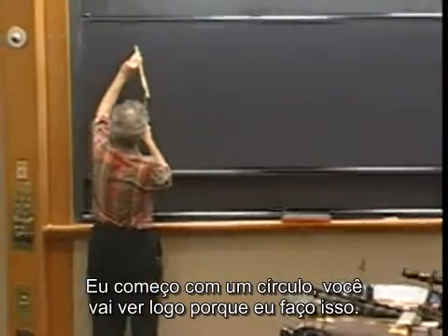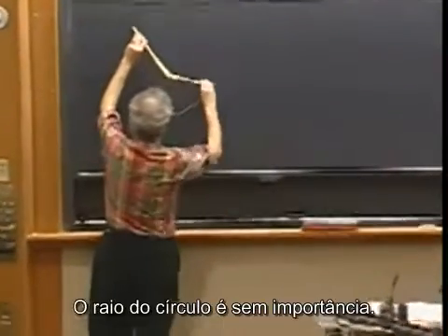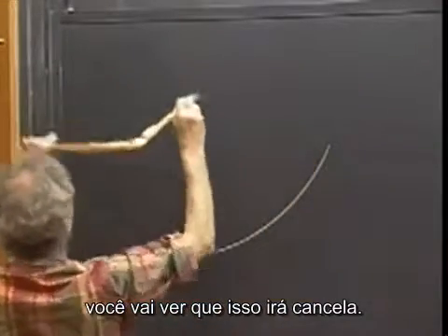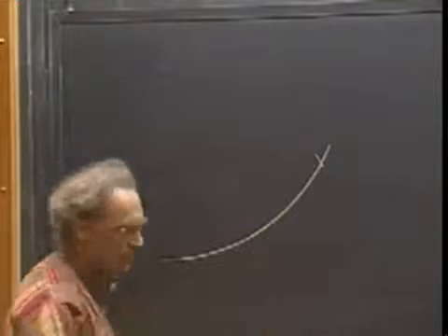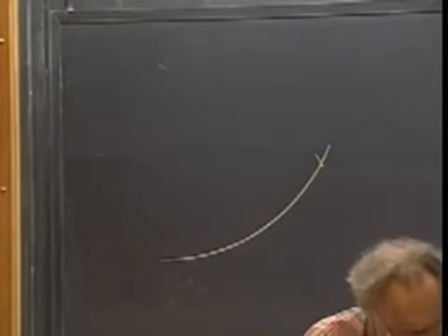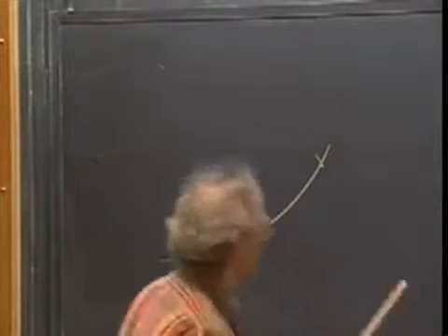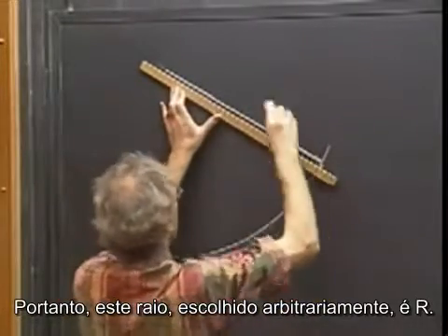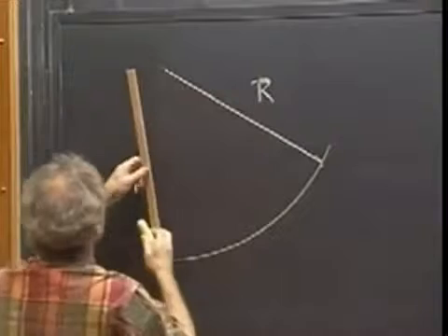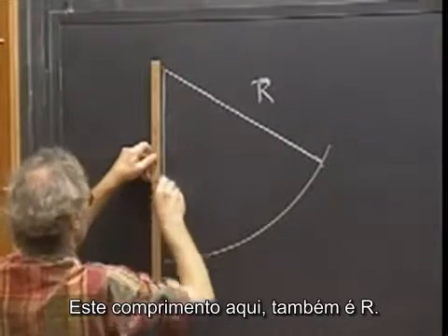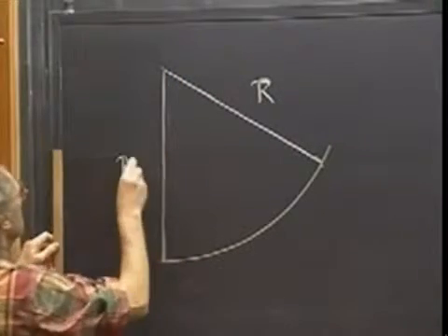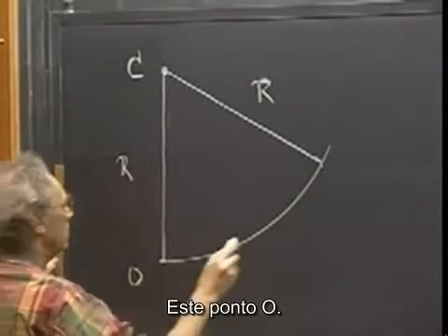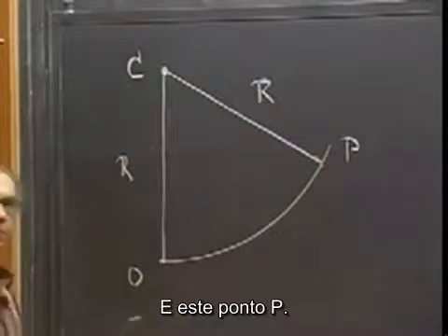You will see shortly why I do that. The radius of the circle is unimportant. You will see that that will cancel. So this radius, arbitrarily chosen, is r. So this length here is also r. Call this point C, this point O, and this point P.